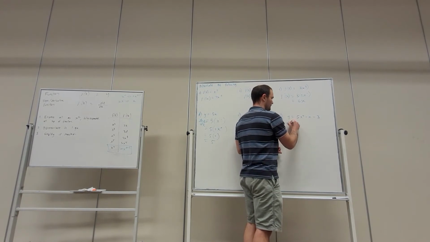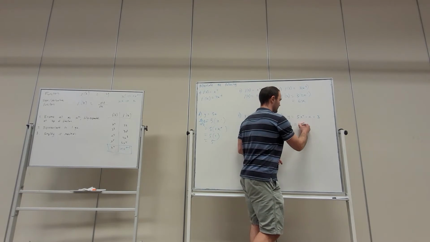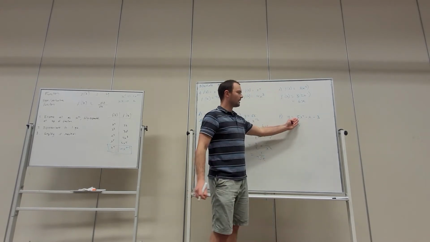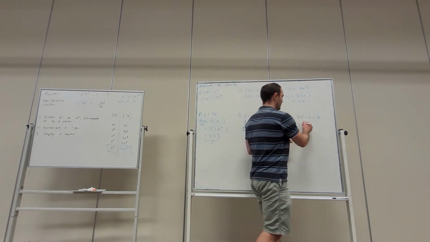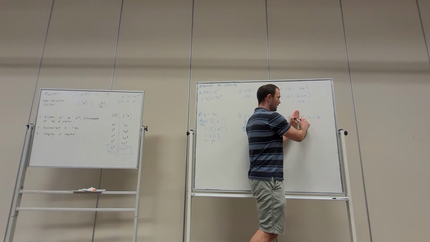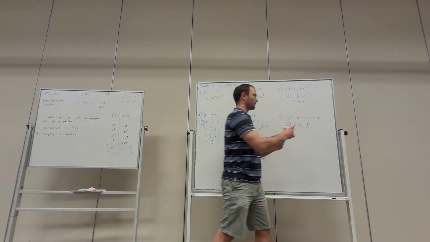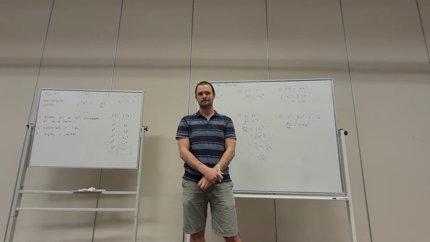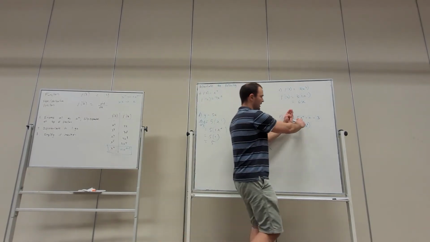Because it's y, it goes to dy on dx. And I've said that any numbers there are just going to hang out the front. So we've got 5, and then in brackets, we've got x to the 4. So the derivative of x to the 4 is going to be 4x to the power of 3. So we've differentiated that term.